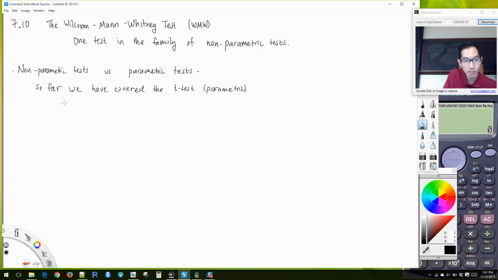We've covered the t-test. The t-test relies on the central limit theorem, which states that sampling distributions of the sample mean will have the form of a normal distribution.